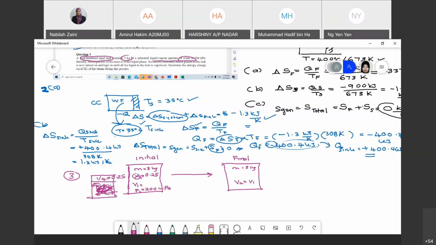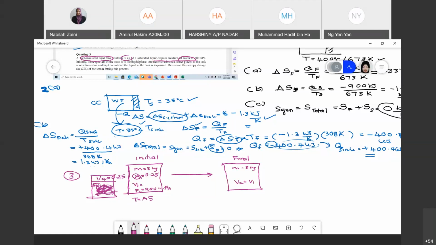Then you go to table A5, saturated pressure. I give you the way to get V1, since you play with quality here.